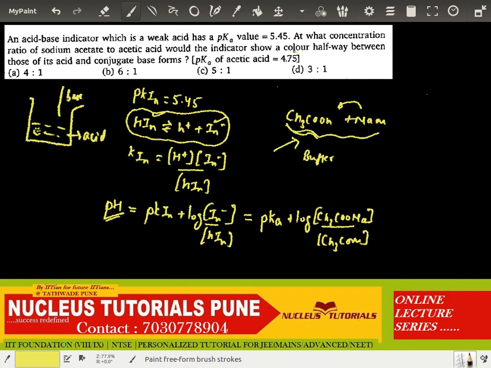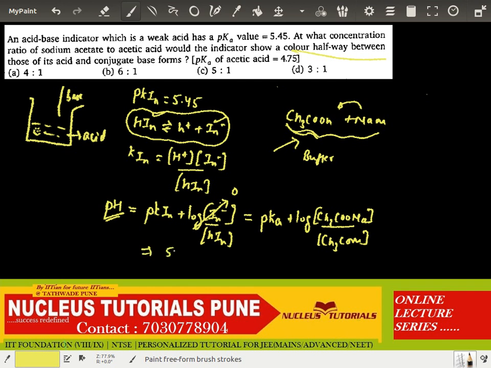So what they're saying is, the color changes halfway between those of the acid. That is, we are seeing this from the point of view of the indicator. So HIN and IN minus would be the same, which means this log term should go to 0 because log 1 is equal to 0. And now we put in the values.